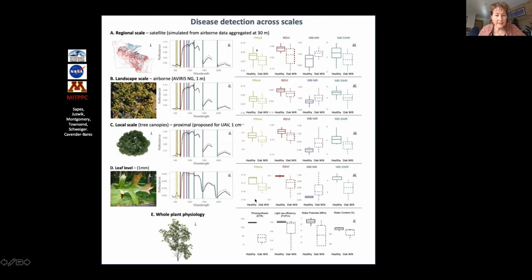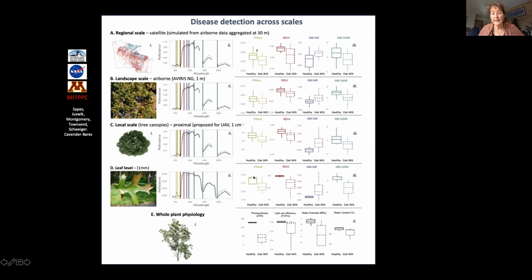I'll start at the leaf level here, using wavelengths represented in this spectrum. You can differentiate oak wilt at the leaf level for this index, and using these two wavelengths for this one, and this index differentiates the disease using these wavelengths, and then the blue, these two wavelengths here. So those sets of wavelengths can differentiate healthy and diseased trees at the leaf level.